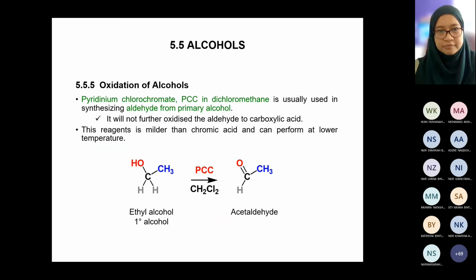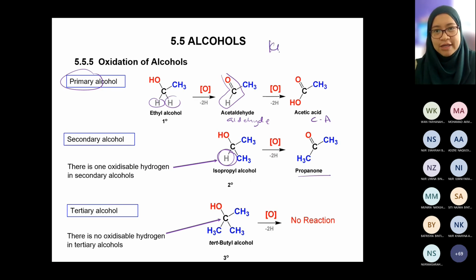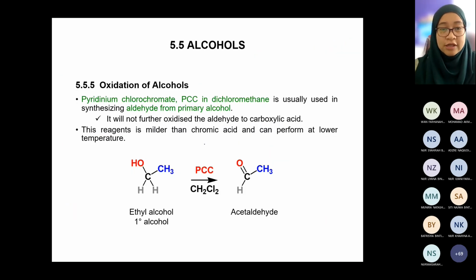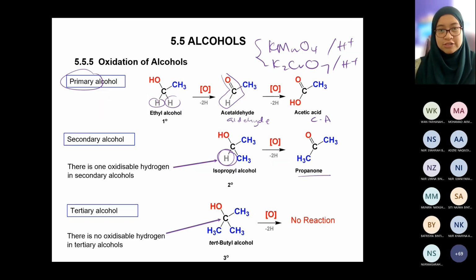Okay, so like I said just now, kalau kita pakai KMnO4 and K2Cr2O7 in acidic condition, so these two are very strong oxidizing agent. Strong as in apa? Maksud kuat tu apa? Maksudnya it is able to oxidize, okay.